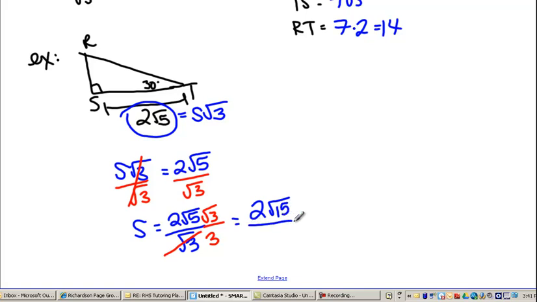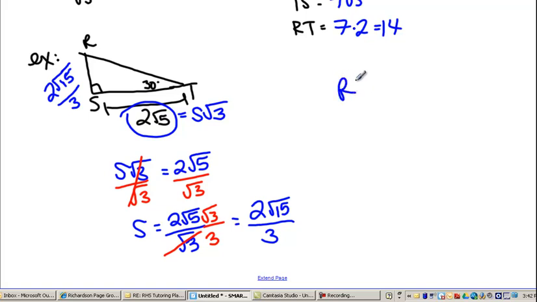So 2 square roots of 15 all over 3. Okay? No, you cannot divide underneath the square root because there's not a square root here. And 2 and 3 don't simplify. So that is our answer for RS. That's 15 over 3. Okay?